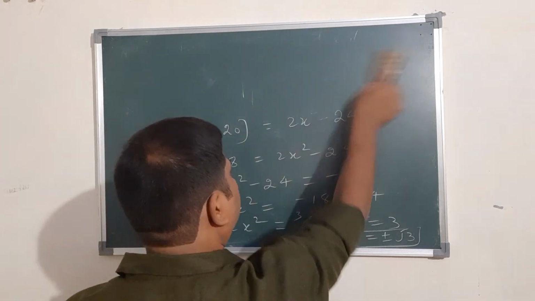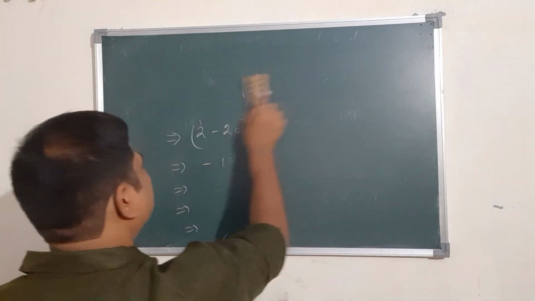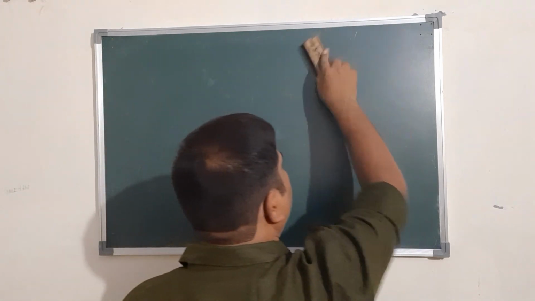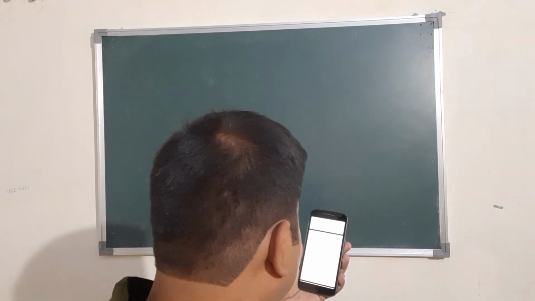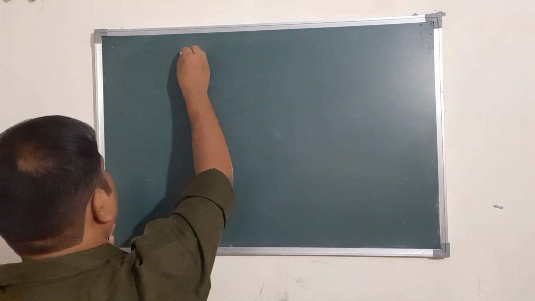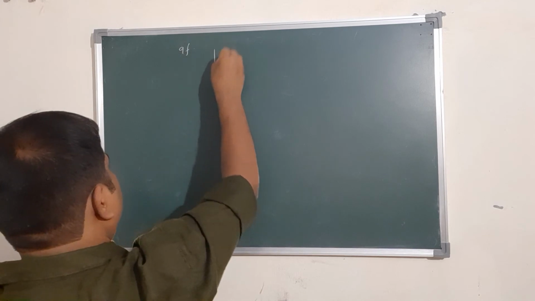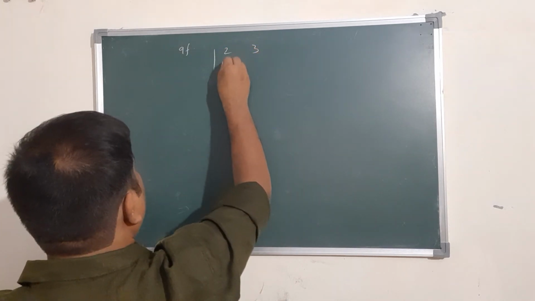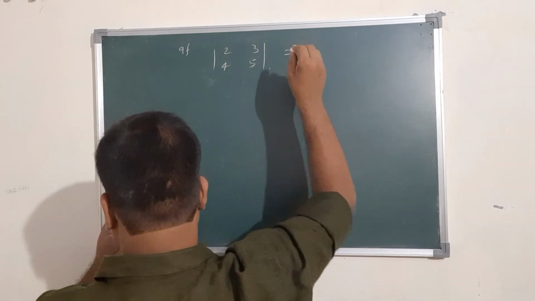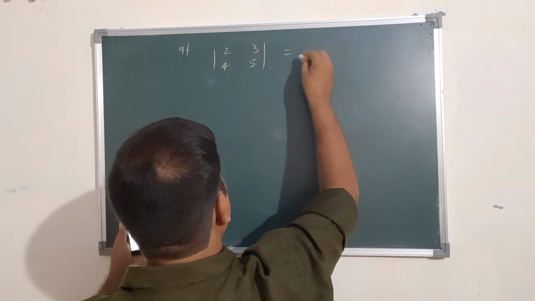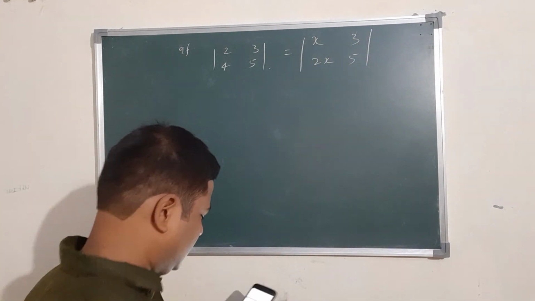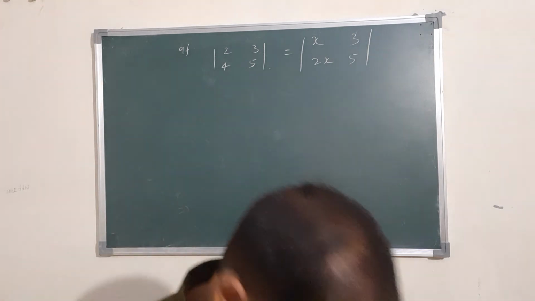This is the first part of question number 7. Now we shall discuss the second part of question 7. What is this? If the determinant 2 3, 4 5 is equal to the determinant x 3, 2x 5. Okay, now we'll see.